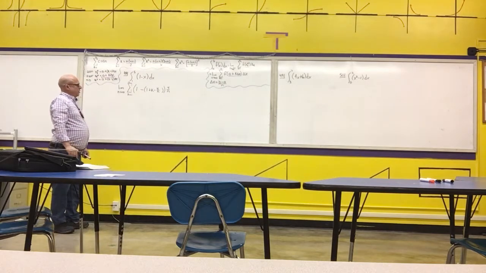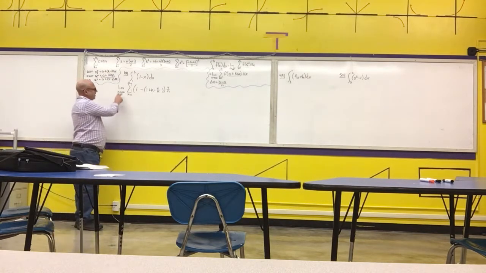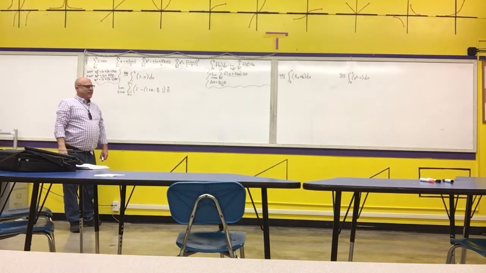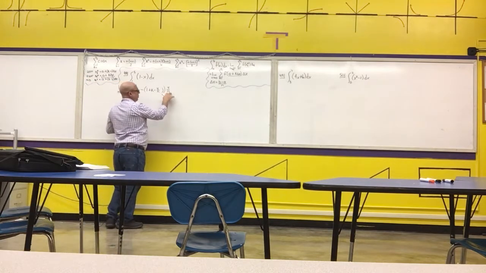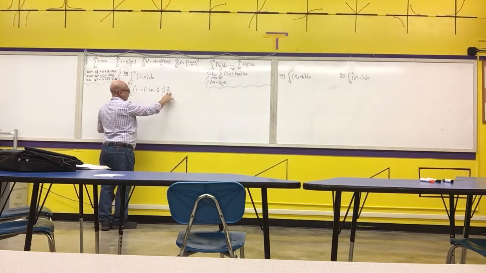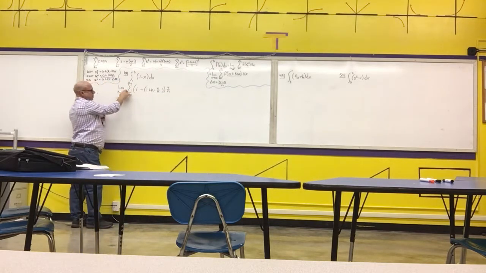Now we need to remember what we're doing here is we're finding the limit as k goes from 1 to n. Anything that does not have a k in it is a constant. So this 4 over n is a constant, and we know that we can pull constants through summations, and we can pull constants through limits.